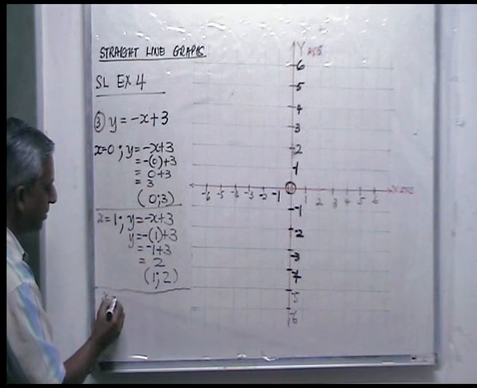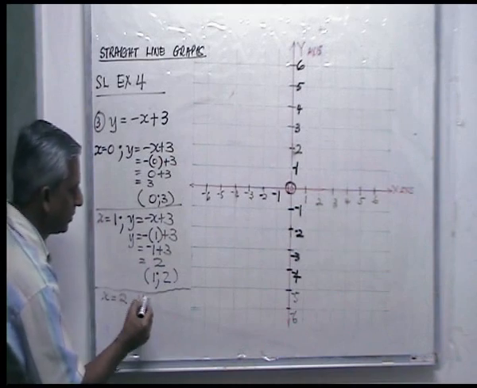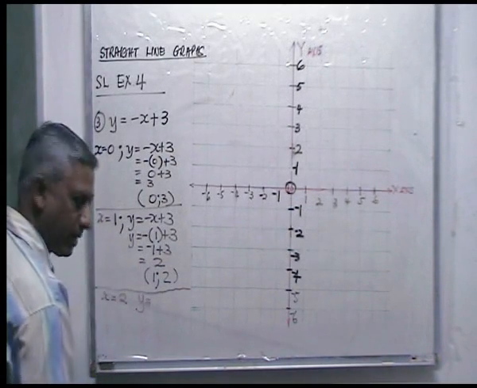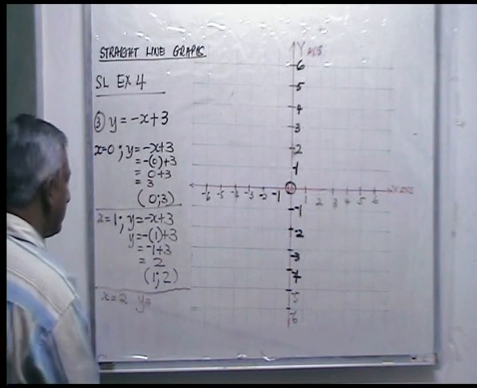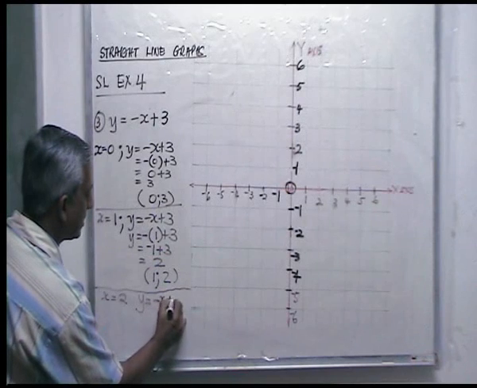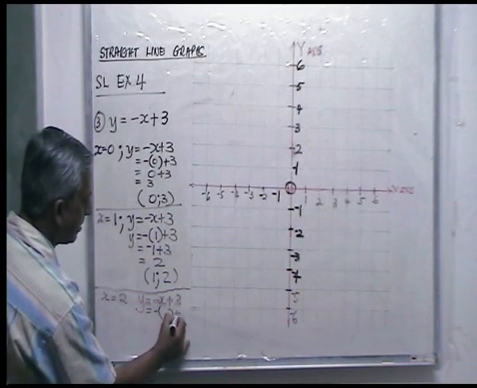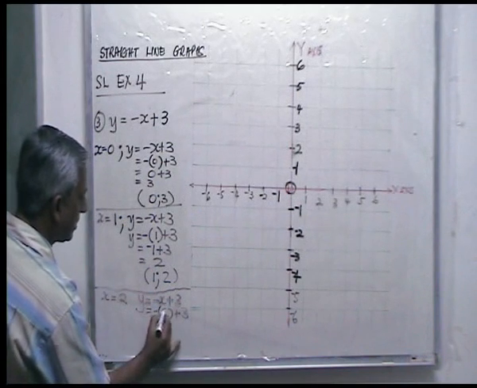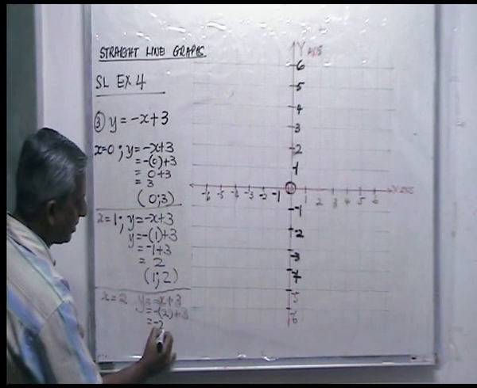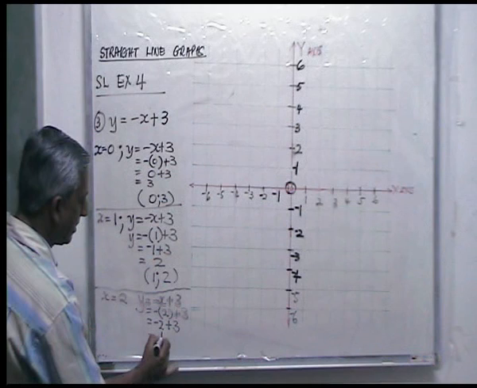And finally, if x is 2, then y is equal to minus x plus 3. That's minus into something plus 3. Now that's x is 2, so we put in 2 there. That's minus 2 plus 3. Final answer is 1.